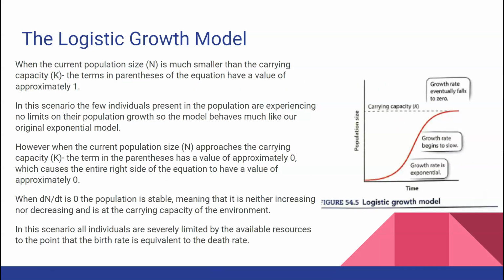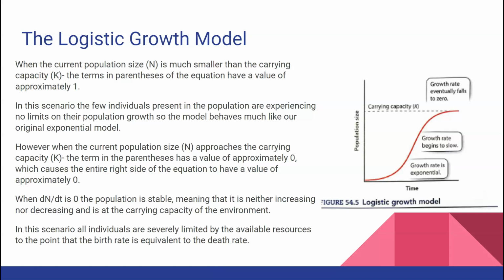So when the current population size is much smaller than the carrying capacity, the term in parentheses of the equation has a value of approximately 1. In this scenario, the few individuals present in the population are experiencing no limits on their population growth, so the model behaves much like our exponential model.